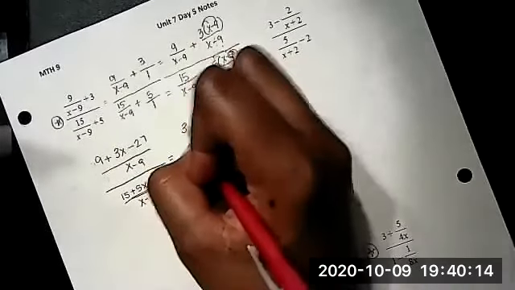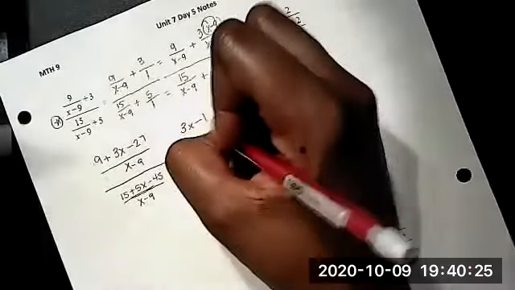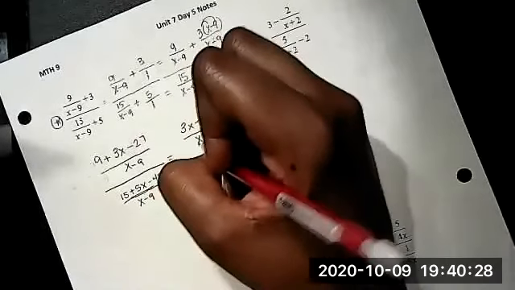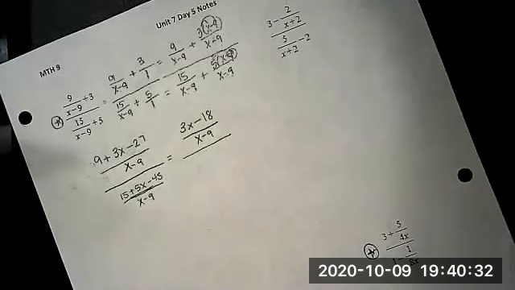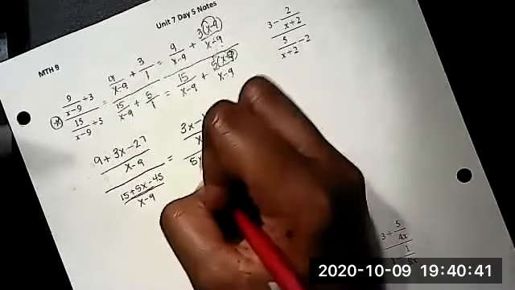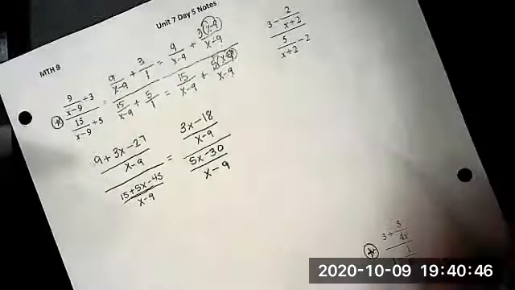Combining terms, 3x, negative 27 plus 9 is negative 18 over x minus 9, divided by, negative 45 plus 15 is going to give you negative 30. So this becomes 5x minus 30 all over x minus 9.